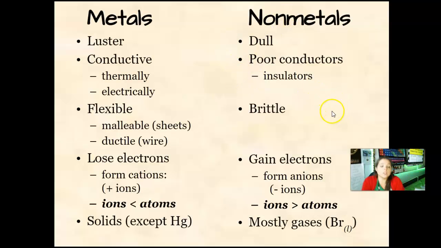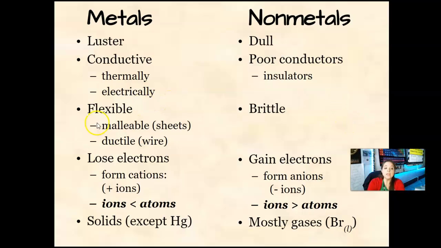So metals versus nonmetals. Metals have luster. They look like metals; they are shiny. They conduct thermally and electrically, so they conduct heat and they conduct electricity. They're flexible. They're malleable. They can be put in sheets, and they can be put into wires. Think of copper: you can have copper sheets, copper wires, aluminum sheets, aluminum wires.